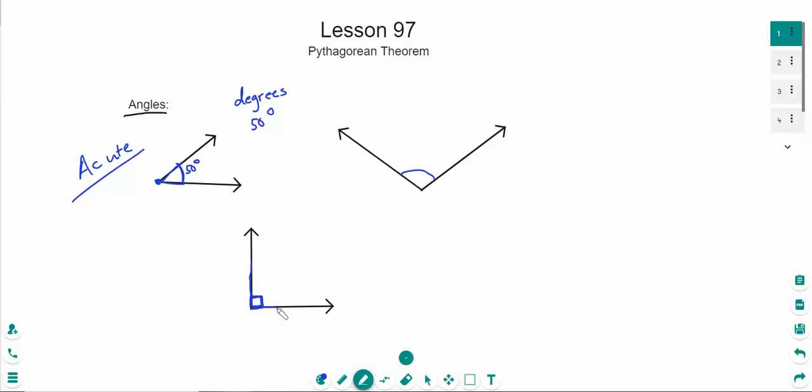Okay, and if I go back to this acute angle, clearly I could not draw a square in here, right? Because a square would look something like this, and it would go over our angled line. So clearly that's not a 90 degree angle.